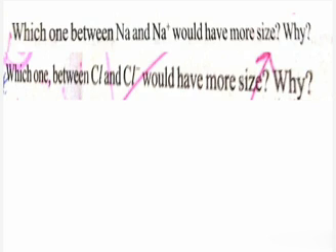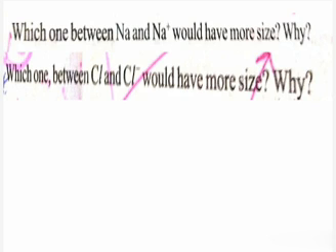So in Cl, chlorine, 17 electrons and 17 protons are there. In Cl minus, the chloride anion, 17 protons and 18 electrons are there. So in Cl minus, the electron number is more when we compare it with the proton number: electrons are 18, protons are 17.